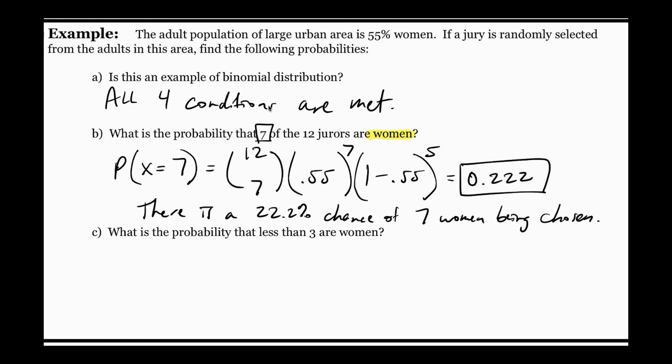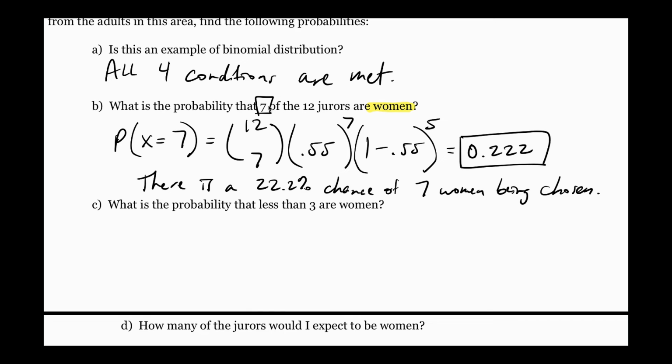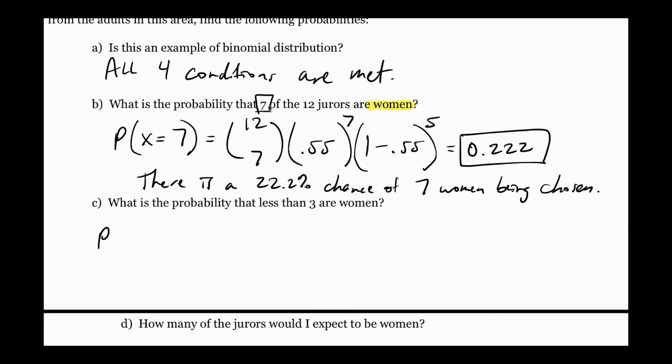Okay, so what's the probability of less than 3 women? We're going to write it like this. The probability x less than 3. When we say less than 3, what are we talking about? 0, 1, 2.